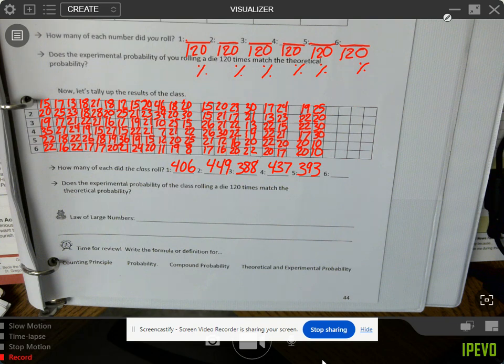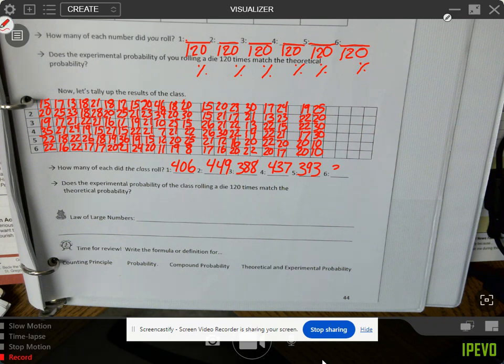All right, for our 6s, 22 plus 16 plus 22 plus 17 plus 17 plus 20 plus 21 plus 24 plus 20 plus 11 plus 19 plus 8 plus 17 plus 16 plus 20 plus 22 plus 20 plus 17 plus 20 plus 10. I got 359.